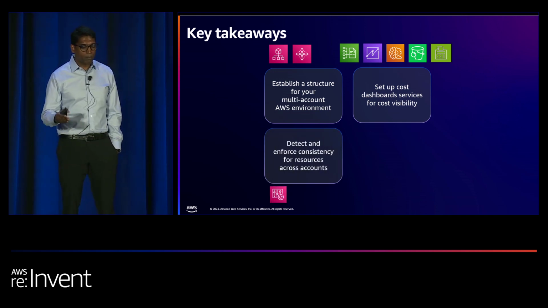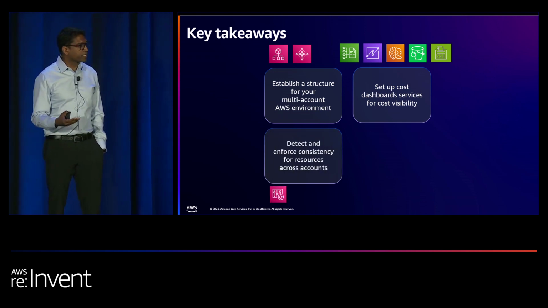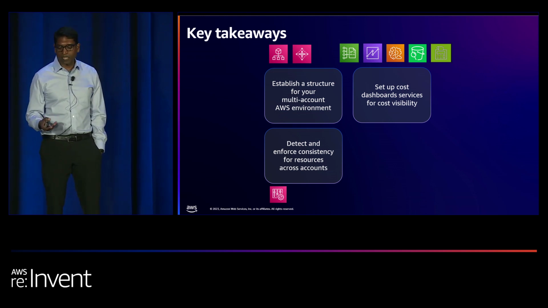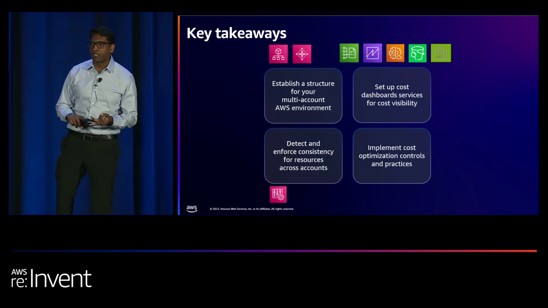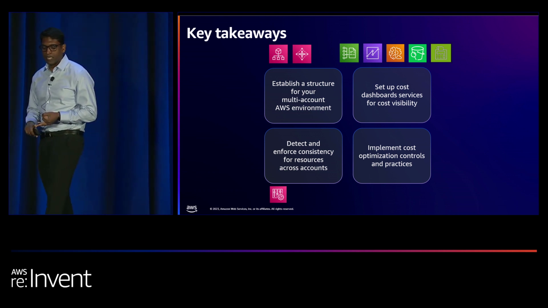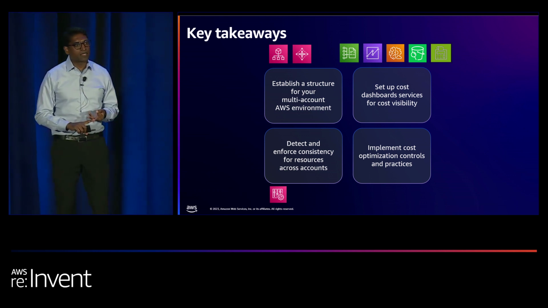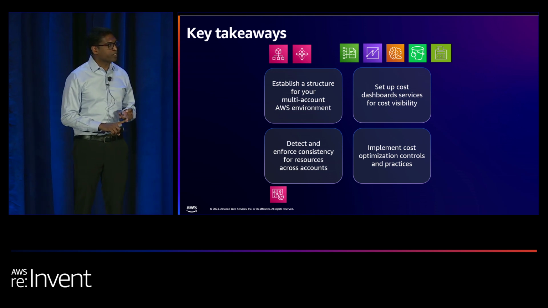And then we spoke about detecting and enforcing consistency with AWS Config. And lastly, we went into the implementation stage where we spoke about the use of tag policies, service control policies, and the best practices for accelerating what your development teams do.